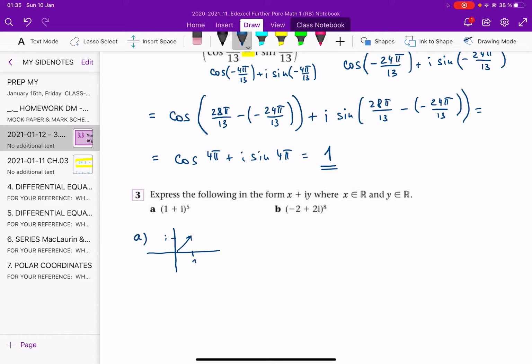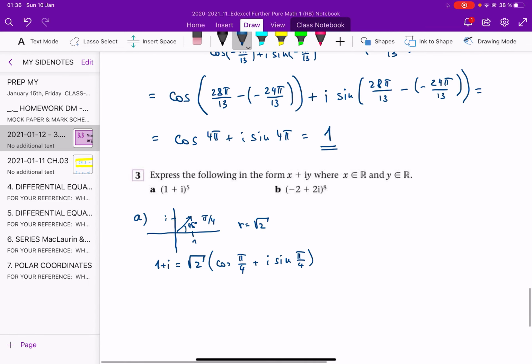That would be 45 degrees, or pi over 4. The argument is pi over 4, and the modulus is root of 2. So this number, 1 plus i, can be written as root of 2 times cosine pi over 4 plus i sine pi over 4.